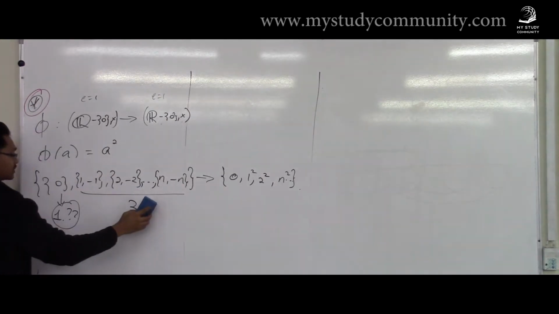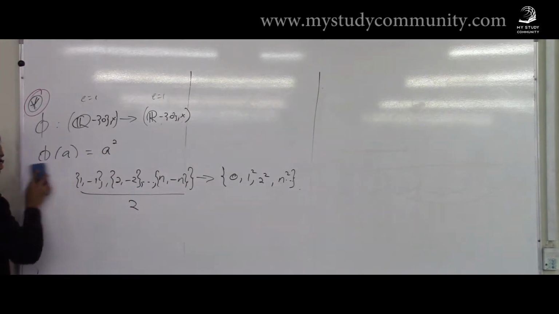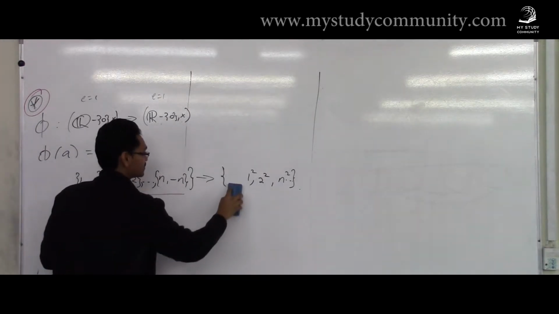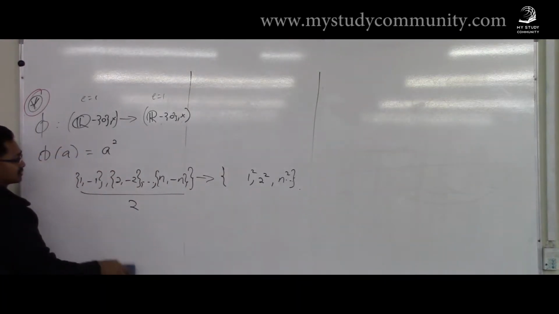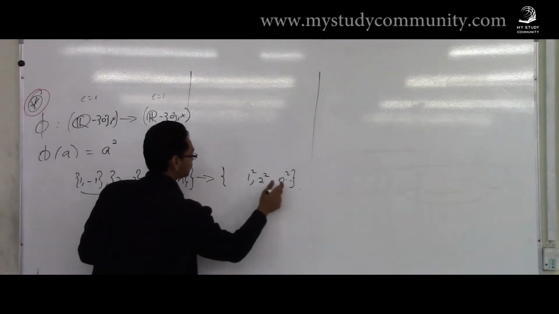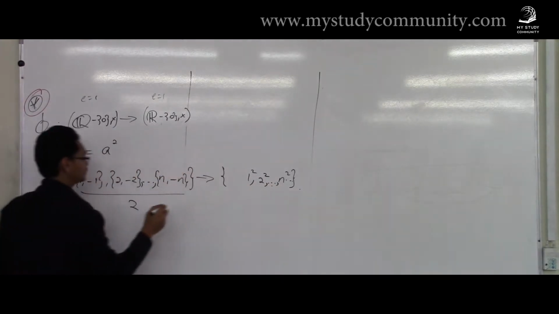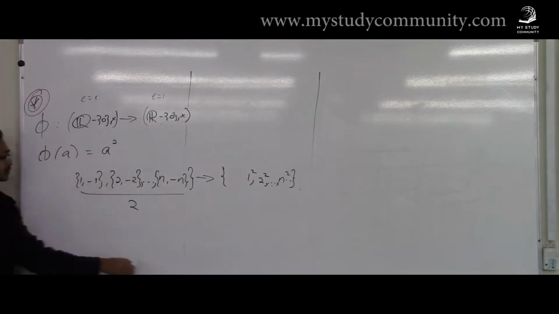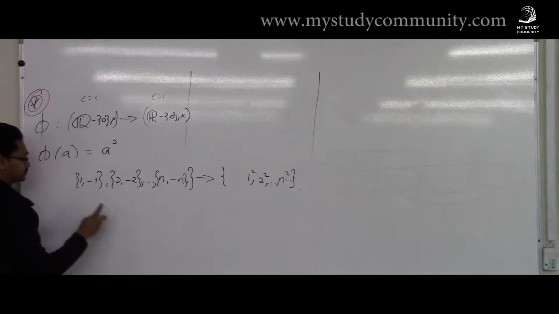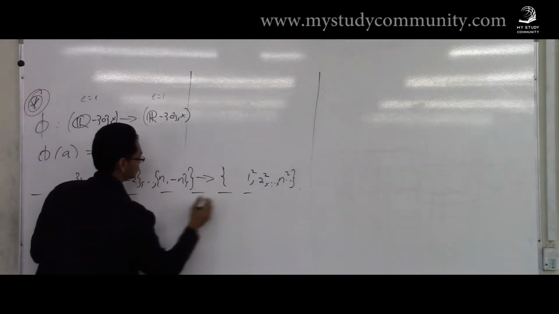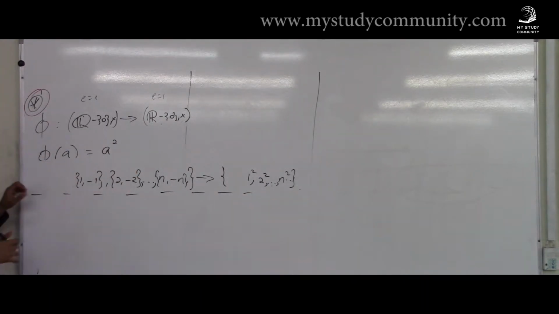So let's just modify the question. I'm modifying the question, right? This is not supposed to be here, so 0 is not supposed to be here, so that's the answer. Everybody's okay?